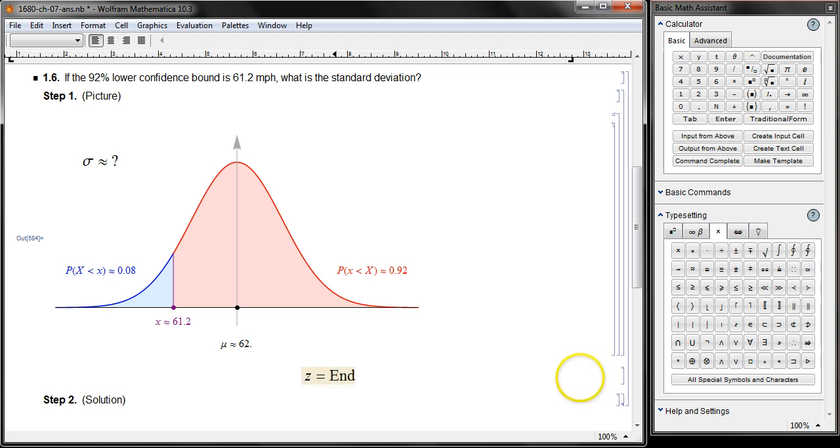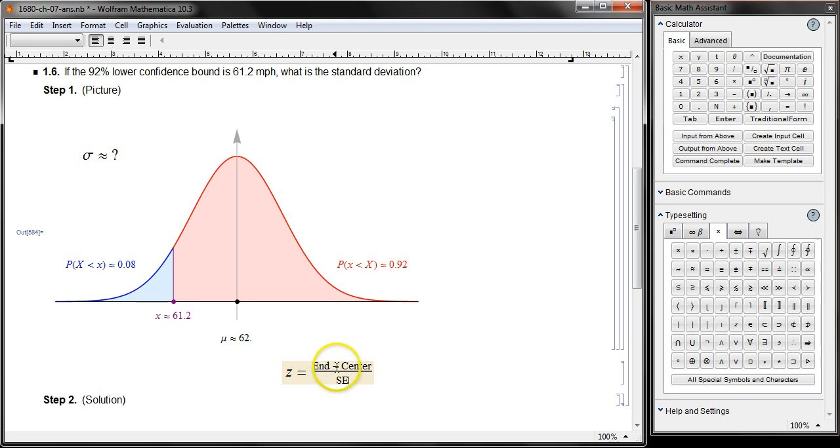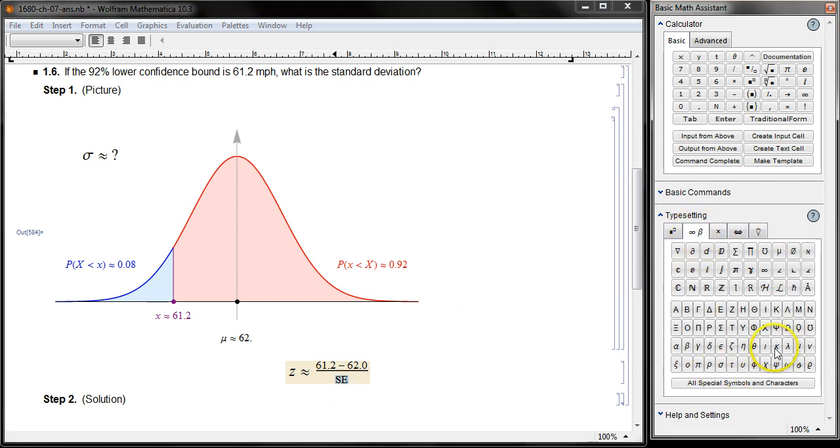Z is x minus center over SE, right? What is x? x is 61.2. And then the center is 62. And the standard error, we don't know the standard error.